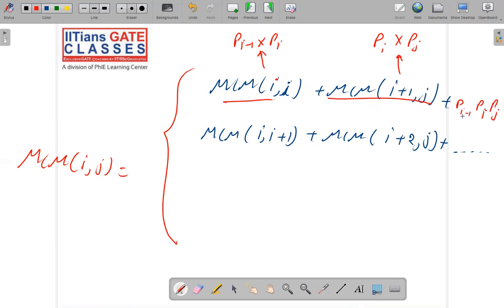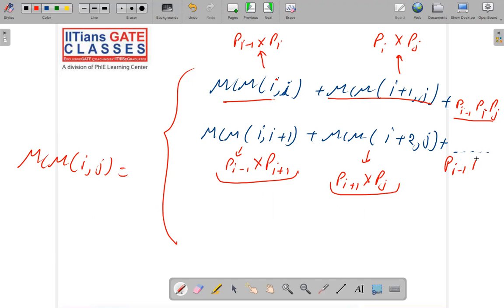And here the end result matrix dimension is P(i-1) multiplied by P(i+1), and the other matrix dimension is P(i+1) multiplied by Pj. So you can calculate the cost of multiplying these two resultant matrices: P(i-1), P(i+1) and Pj, right?